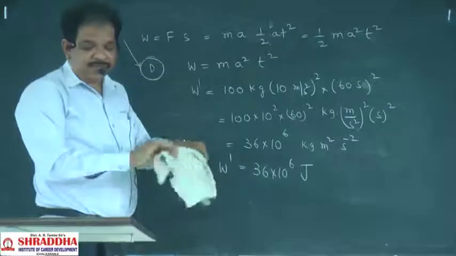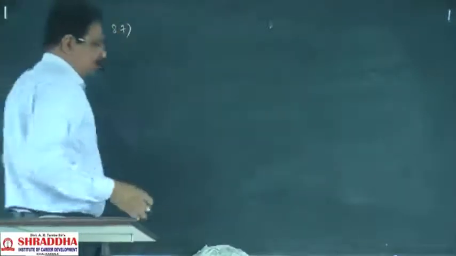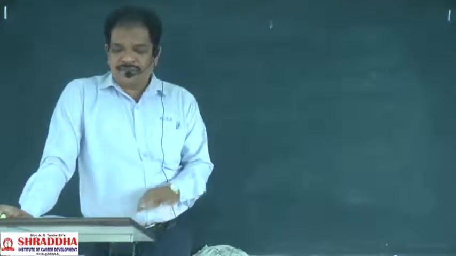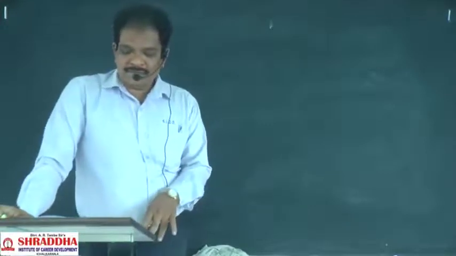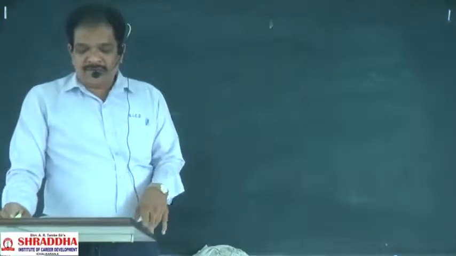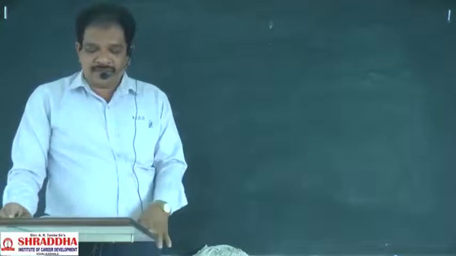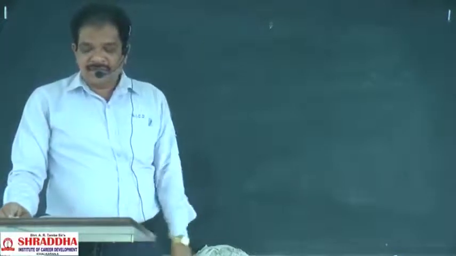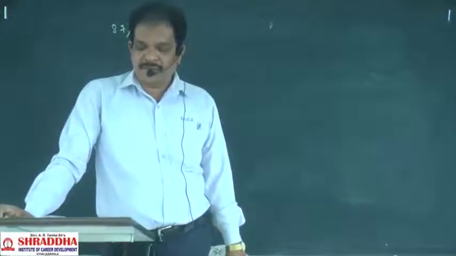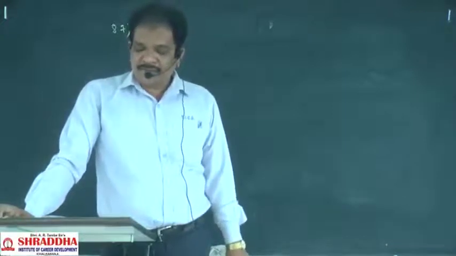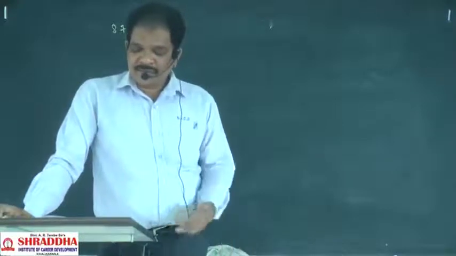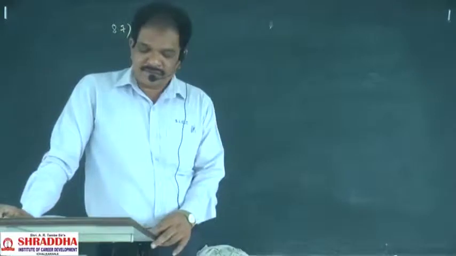Next, 87. Magnitude of force is 100 Newton. What will be its value? Unit of mass and time is doubled and length is halved. Okay? Just to find the number, that is enough.